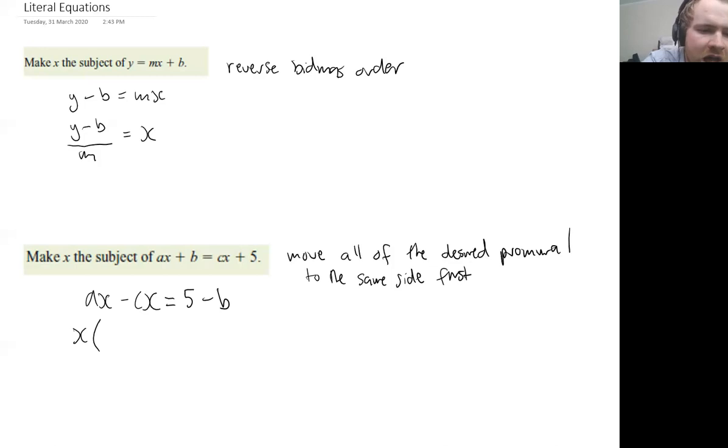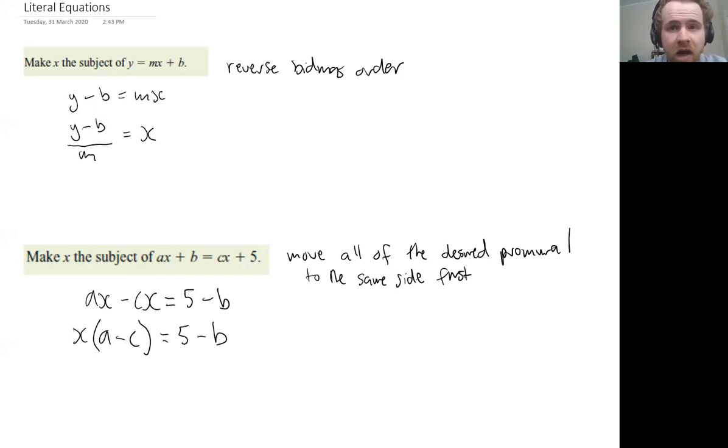So you're going to get an a, because a times x is ax, and you're going to get a minus c, because minus c times x is minus cx. Close brackets. Let's leave the right-hand side the same for now. Okay, so now I have x multiplied by a minus c equals 5 minus b.